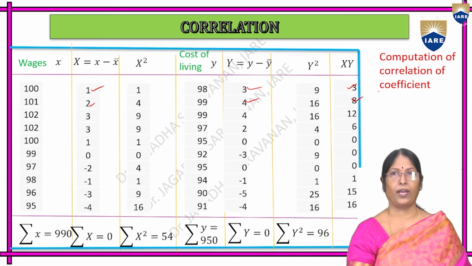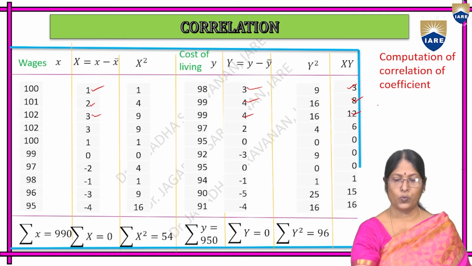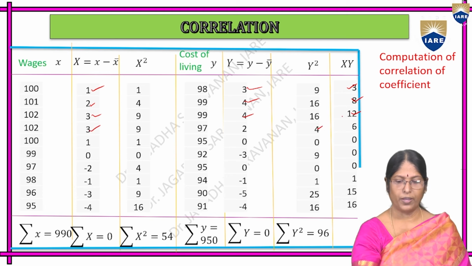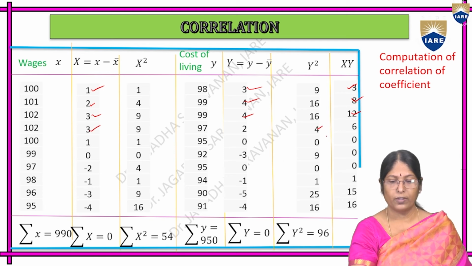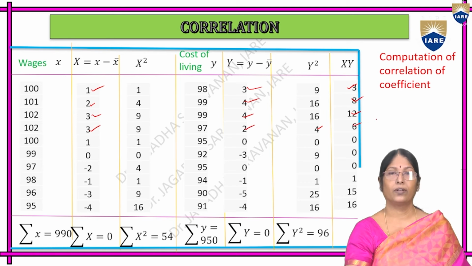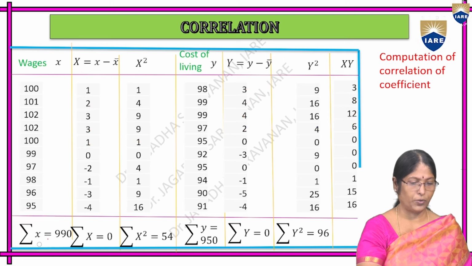They are multiplied: 3 times 4 is 12. The next one, 3. Sorry, I put the tick wrong here. Here 3 twos are 6. Next one, 1. No, I am putting the tick here, sorry.